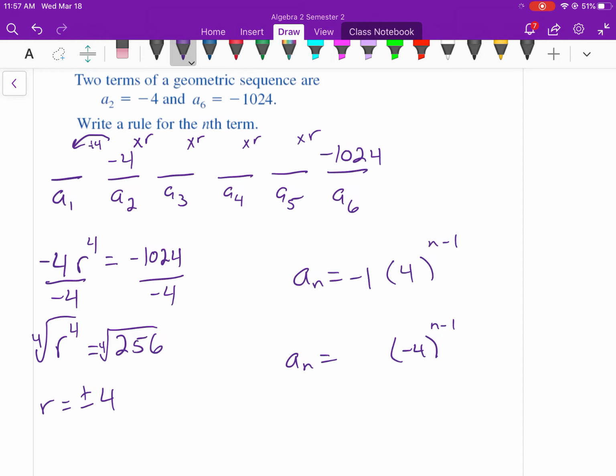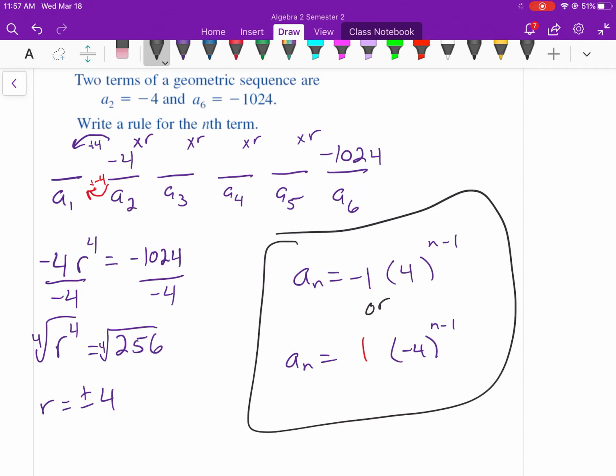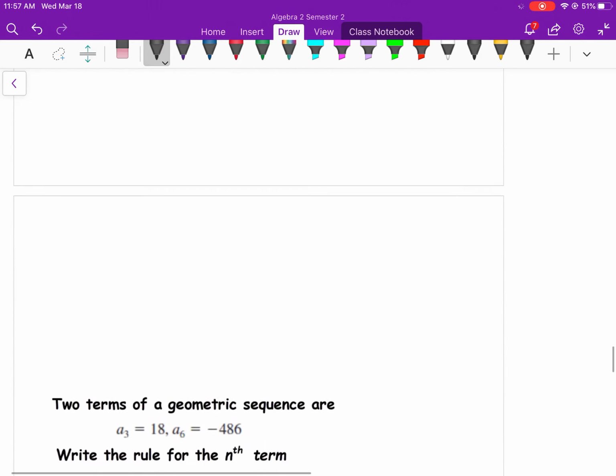But if I was to use the common ratio of -4, -4 divided by -4 is going to give you a +1. So either one works. I am just going to ask you to find one of them. If you picked the +4, that first term would be -1. If you pick the -4 as your common ratio, moving backwards one term is going to give you a first term of +1. Both of them are not required.